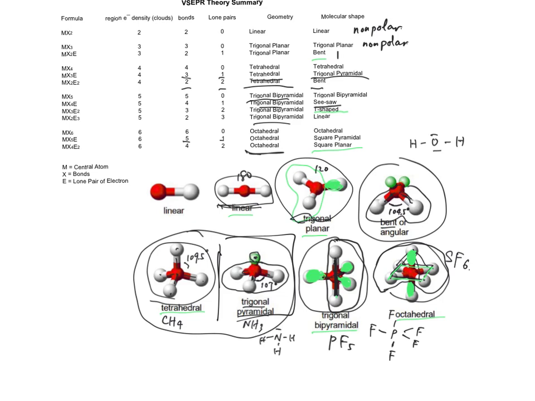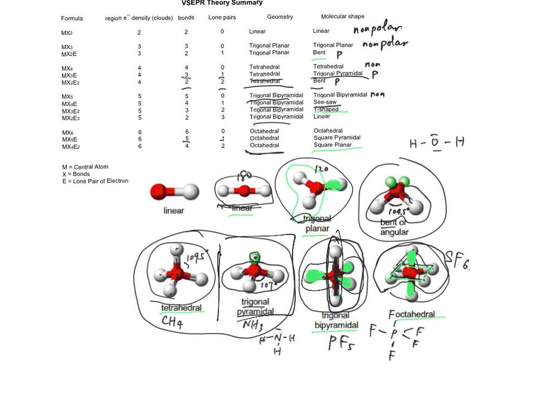Bent molecules would definitely be polar. Tetrahedral molecules would be nonpolar. Now, trigonal pyramidal would be polar. Bent would be polar. Trigonal bipyramidal would be nonpolar because it's symmetrical. These two cancel each other, and these three cancel each other because it's trigonal planar.